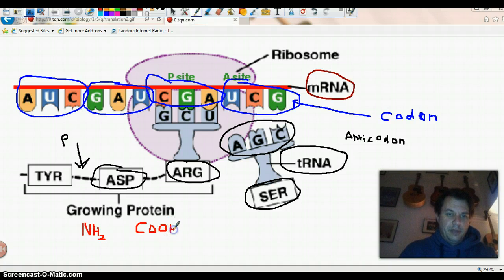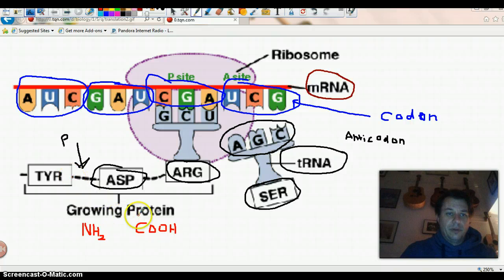So even though I'm drawing a bunch of blocks, and you see here in the diagram these big old things, remember that chemically speaking, these are nothing more than a bunch of molecules that have ends that chemically fit.